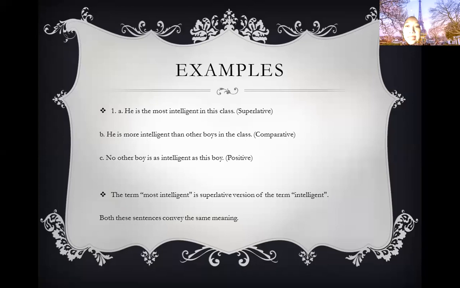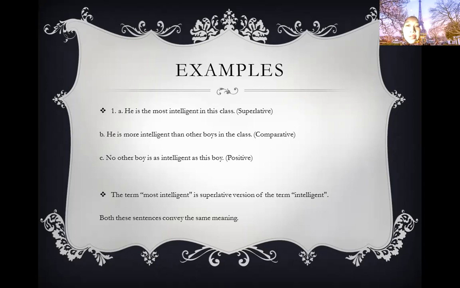As you look at these examples, of course you can differentiate between which one is superlative, comparative, and positive. The first sentence, 1A, shows superlative because there's the word the most intelligent. While for comparative, there are the words more intelligent than. And for positive is as intelligent as.